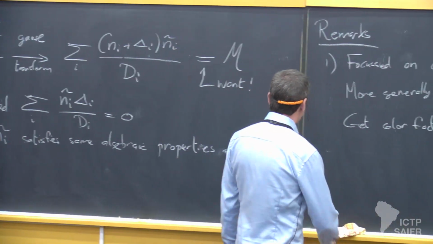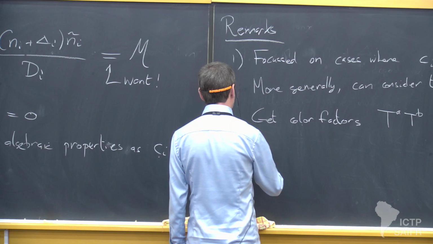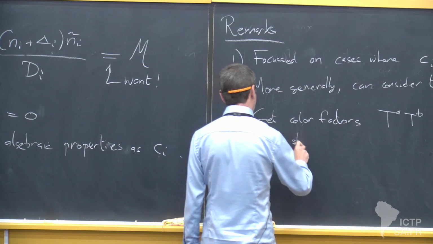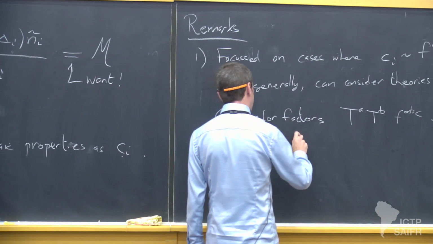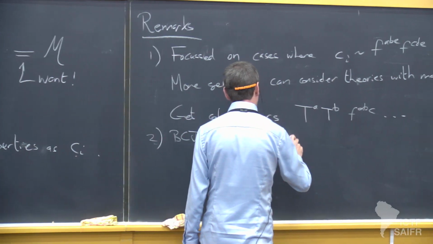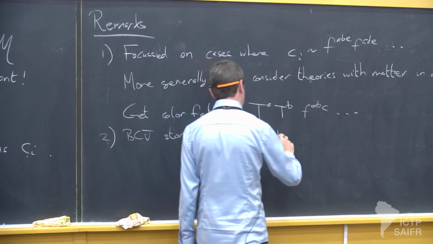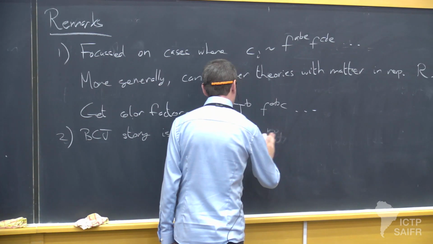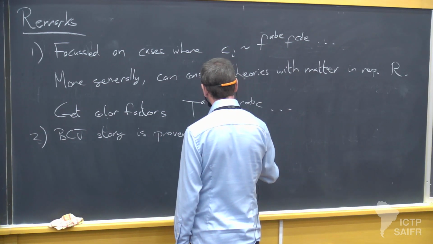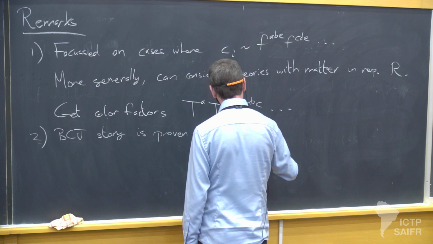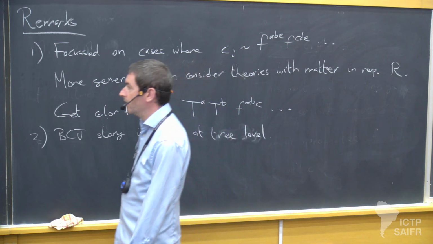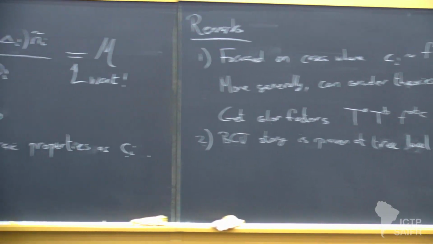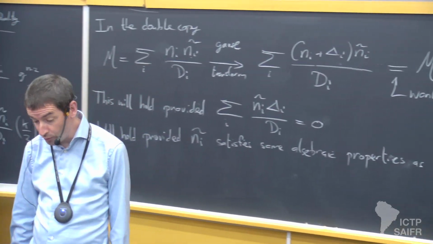It's maybe worth saying, so this BCJ story is proven at tree level. So this story here, it's known how to find numerators.